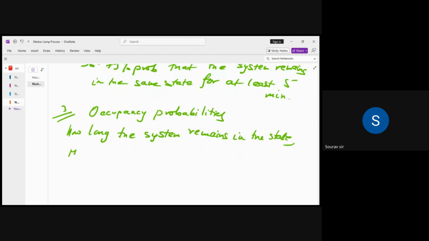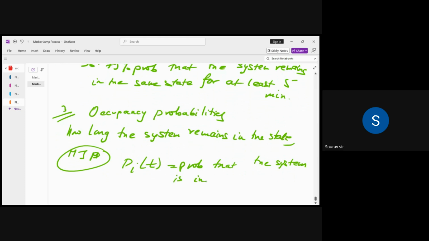So for a Markov jump process, what will be the occupancy probability? P_i(t) is the probability that the system is in state i at time t.